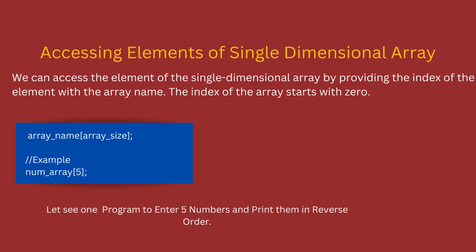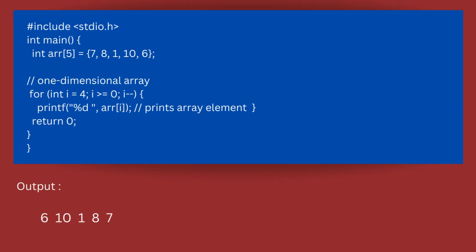Let's see a program to enter 5 numbers and print them in reverse order. For clear understanding of how we declare and how we initialize, it comes in one single program. So let's go for the program. Yes, here is the program where the first line is the header file, then the main function starts.